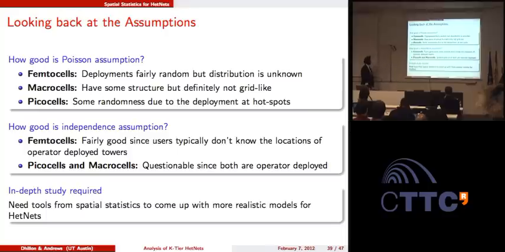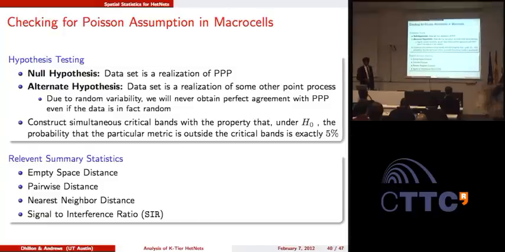And there are tools in spatial statistics. I'll just touch on some really nice tools, but we just need data, and the mathematical tools are there. So first, let's check the Poisson assumption in macrocells. We had a data set, the one which I showed in, I think, my second or third slide.